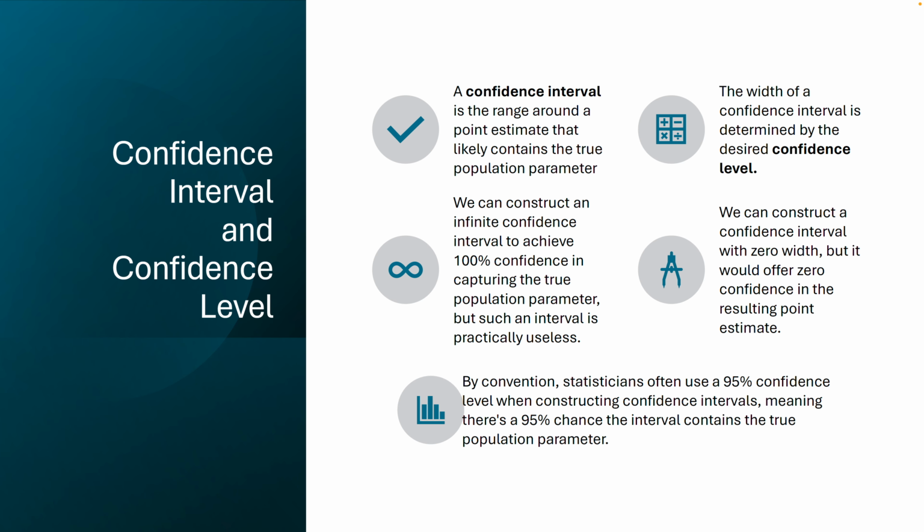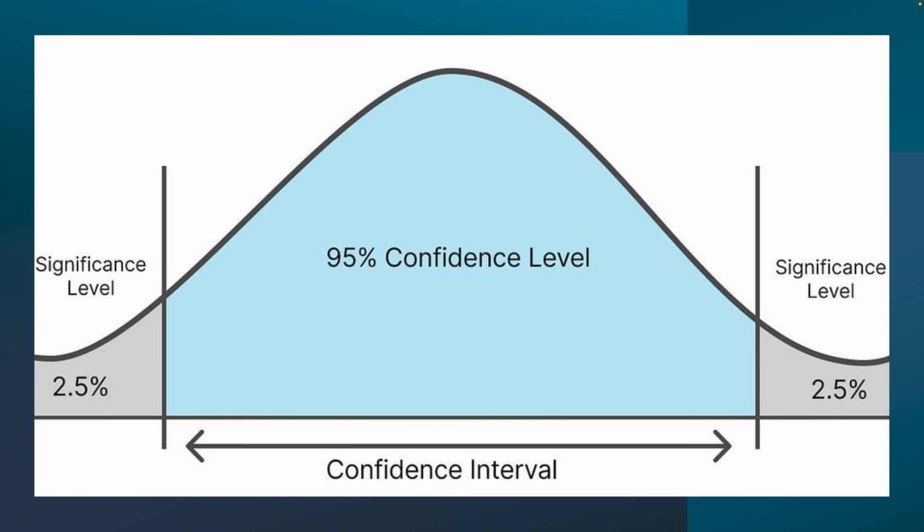Right. So let's see pictorially how it looks. So it's a point estimate, which is here in the center. We build an equal width interval on either side, which captures the area under the curve.